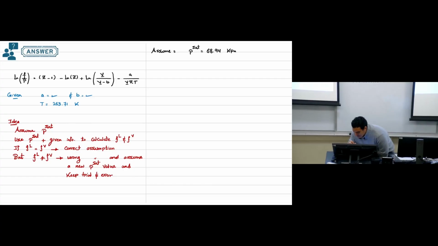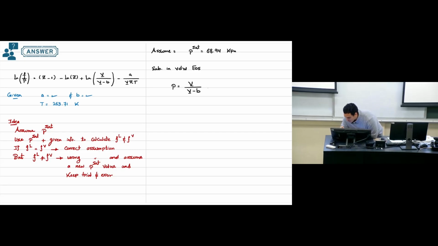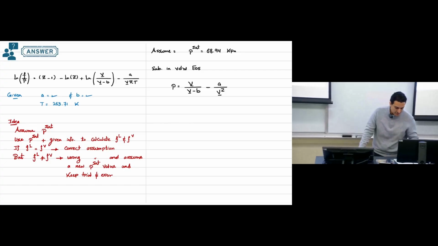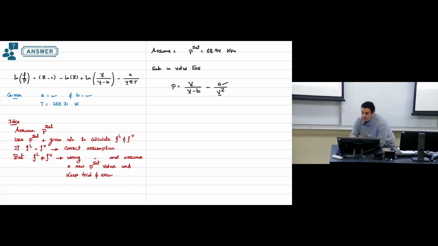So the first step is we need to substitute in the van der Waals equation of state. It says pressure equals RT over V minus B, minus A over V squared. This is the van der Waals equation of state. I have the value of A given.